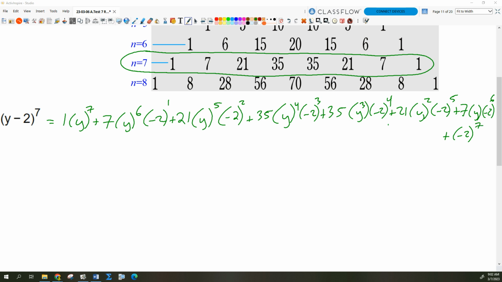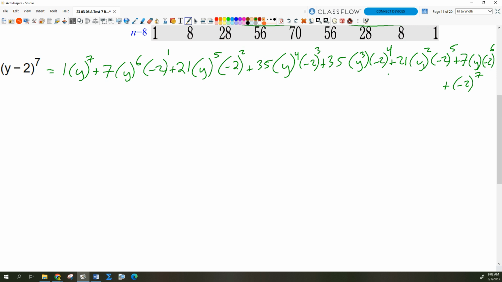Wow. It's a lot. So if we simplify all that stuff, what's that give us? Well, y to the 7th is our first one, right? How about this one? I've got 7y to the 6th times negative 2. What's that make the coefficient? Negative 14. Okay, good. 7 times negative 2. So that's going to give us minus 14 y to the 6th. Now, how about this guy? Negative 2 squared is what? 4. While we're at it, what's negative 2 cubed?